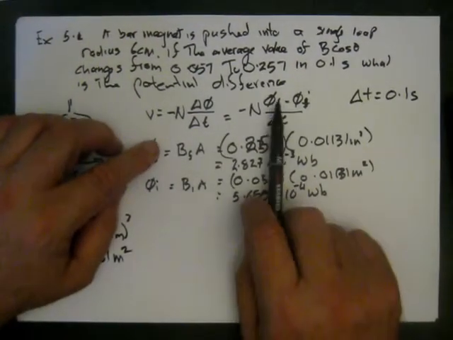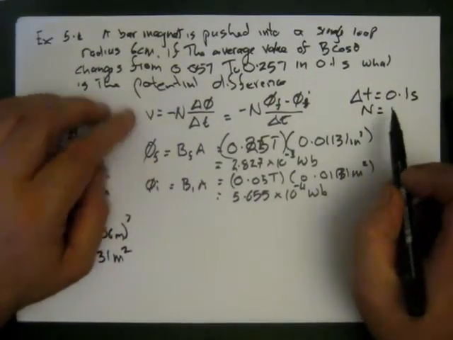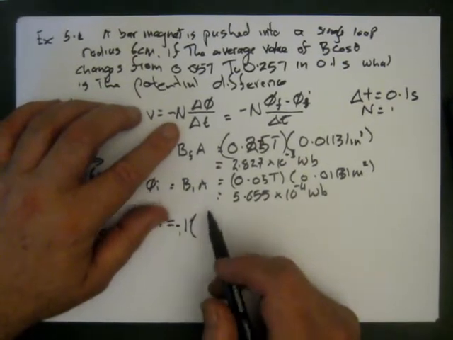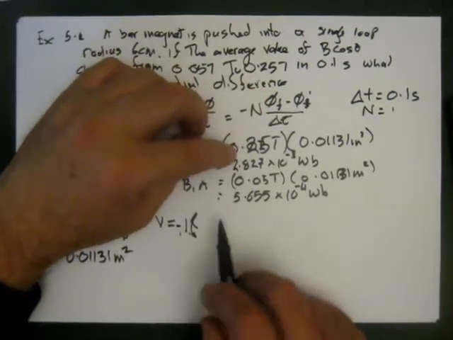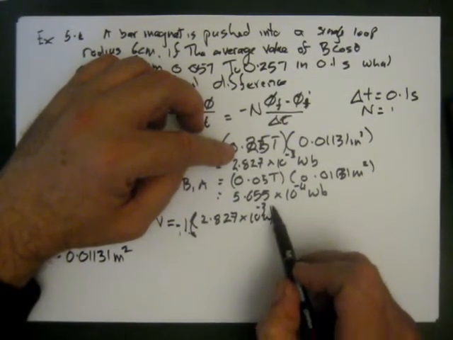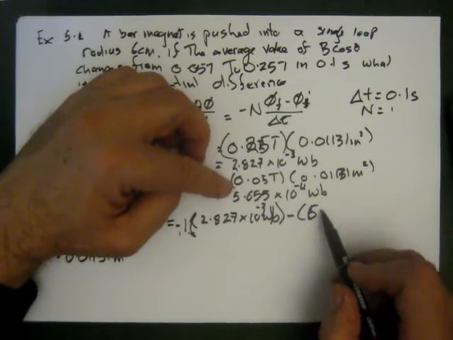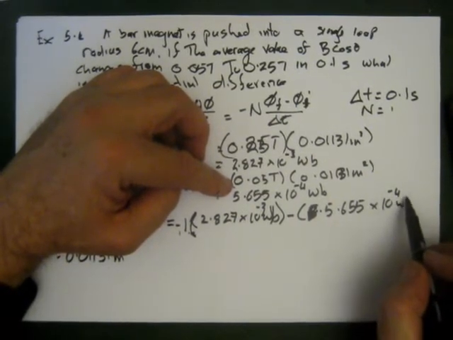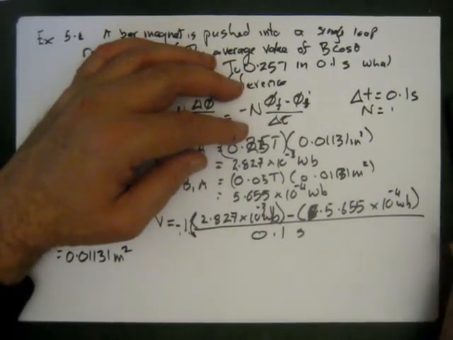Okay, so now we've got the final flux, the initial flux, we know what the time is, N equals 1, so the voltage is going to equal negative 1 times flux final, which is 2.827 times 10 to the negative 3 Webers, minus 5.655 times 10 to the negative 4 Webers, all over 0.1 seconds.